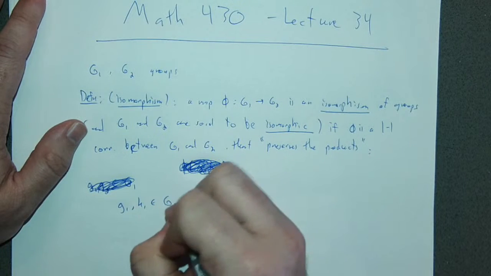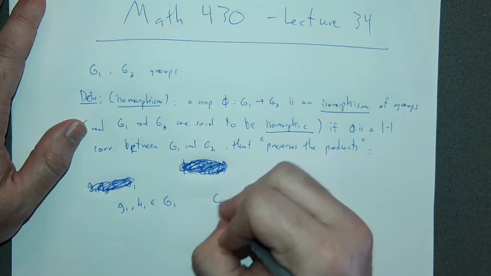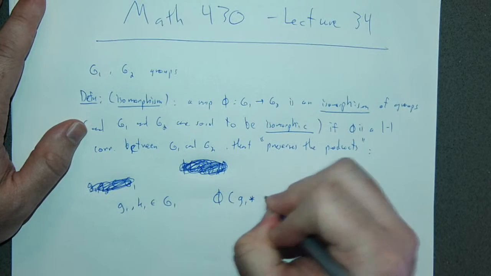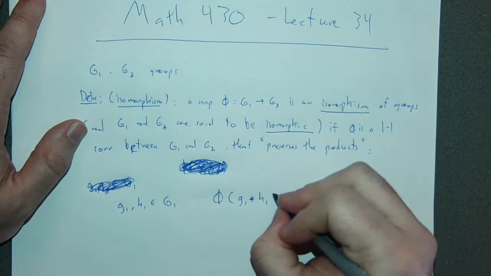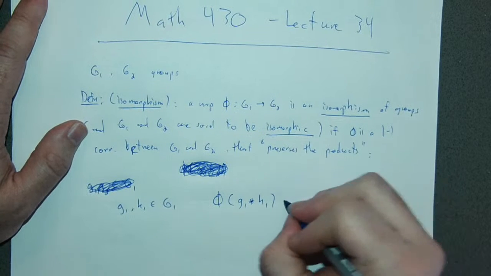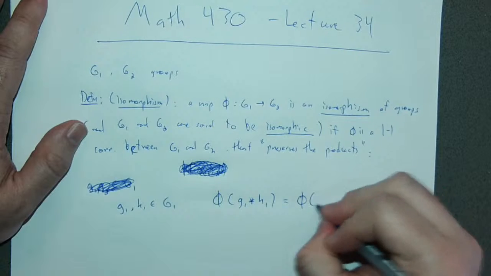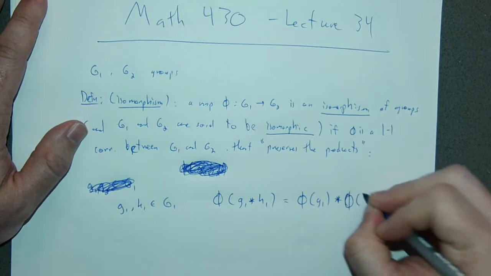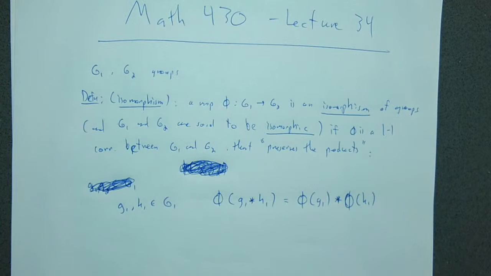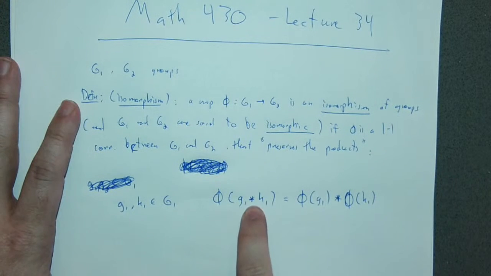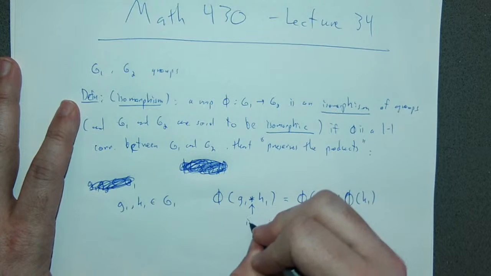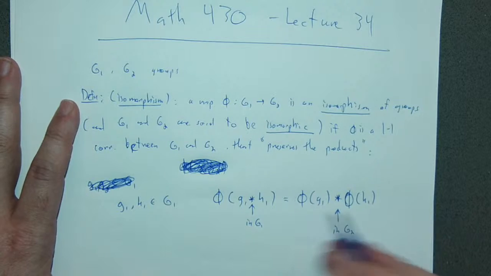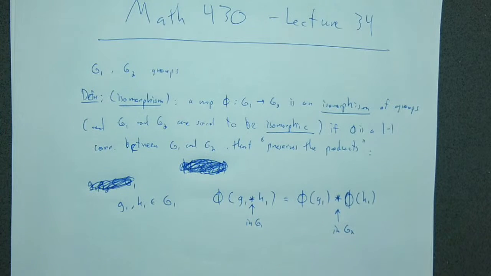So both of those are in big G1. And phi takes their product, little g1 star h1, to the product phi of g1 star phi of h1. Okay, and so the first star is the star in G1, and the second star is the star in G2, clearly because both of these things are in G2.